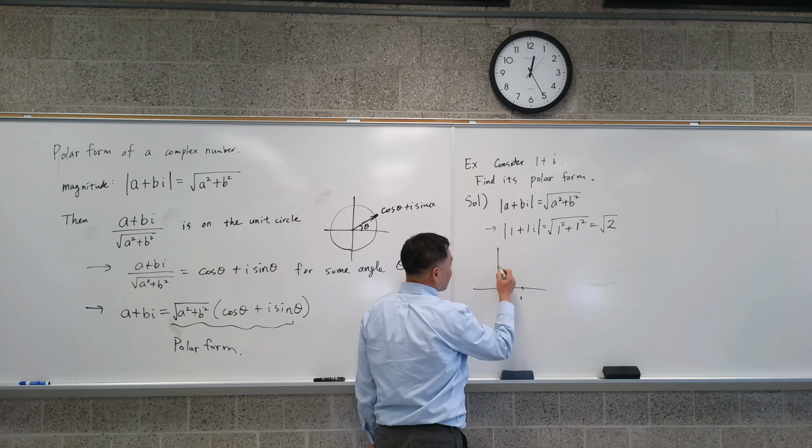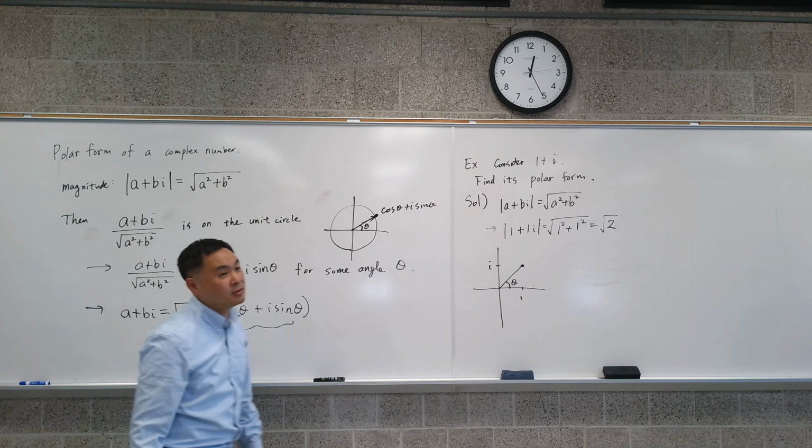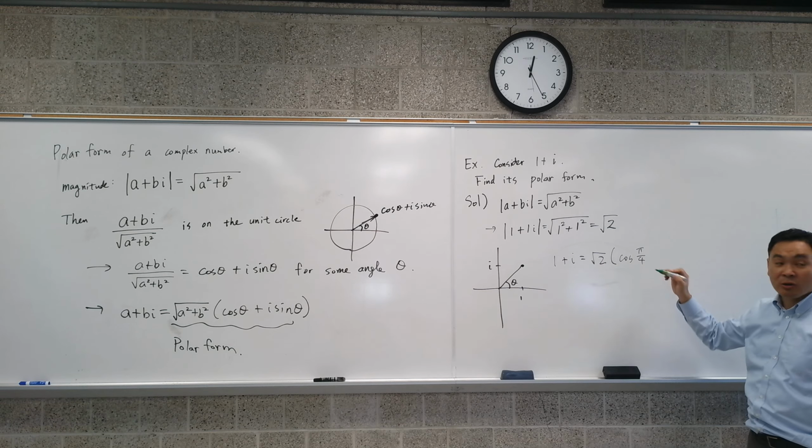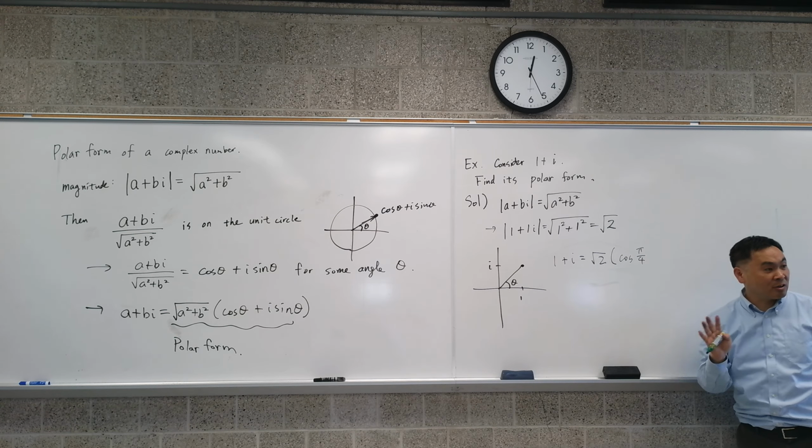What is 1 plus 1i? It's this one, right? What is the angle? 45 degrees. And we want to write it in terms of radians. So we should say that 1 plus i is equal to the square root of 2 times cosine of pi over 4. 45 degrees in radians is pi over 4.